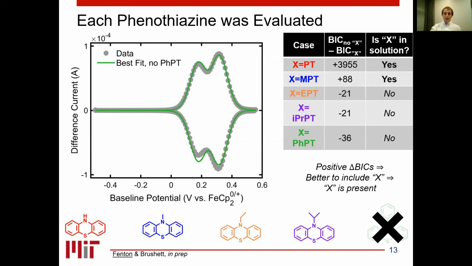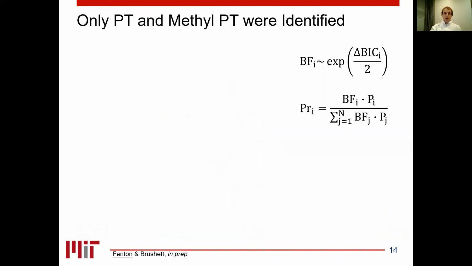Now, these BIC values are then used to calculate what's known as the Bayes factor. And the Bayes factor is combined with knowledge of the prior probabilities to calculate the posterior probability.